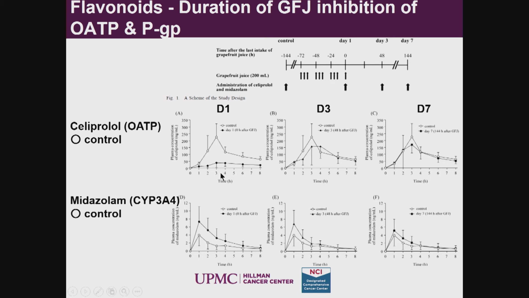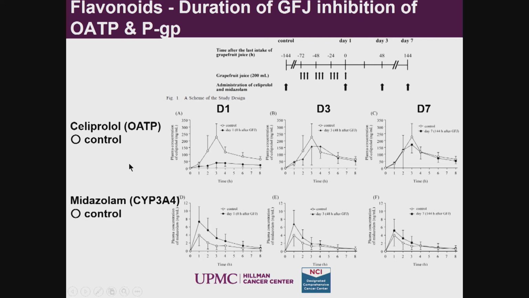So there is an effect of grapefruit juice, and here midazolam, an effect as well. So both OATP and CYP3A4 are impacted. But on day 3 and day 7, we can see that the effect on OATP disappears pretty quickly, whereas the impact on CYP3A4 is more lasting.